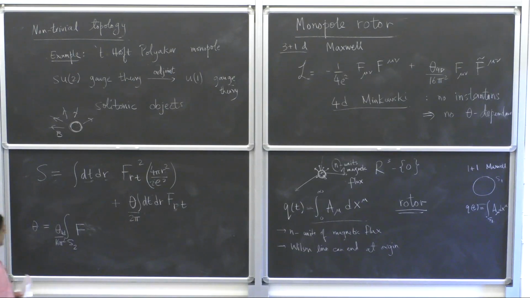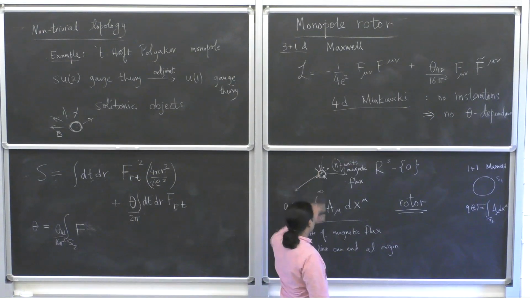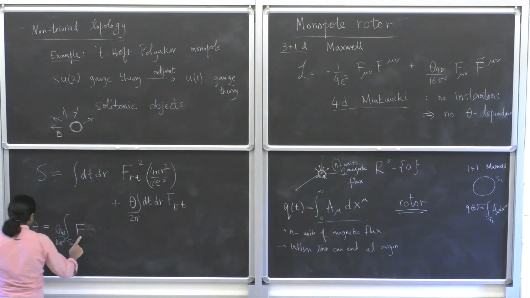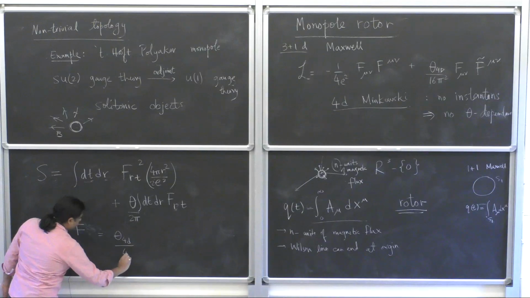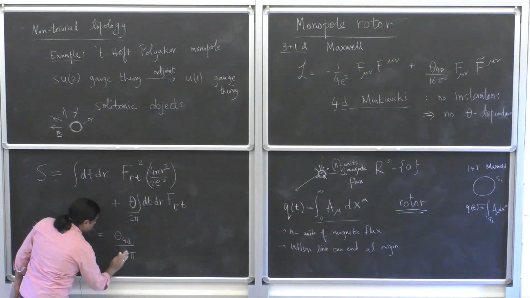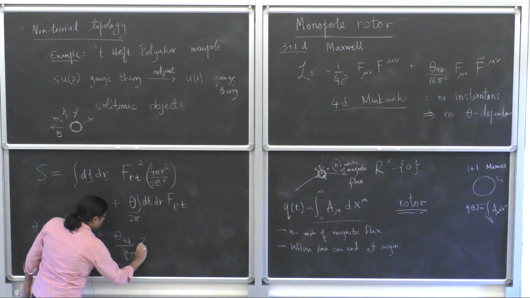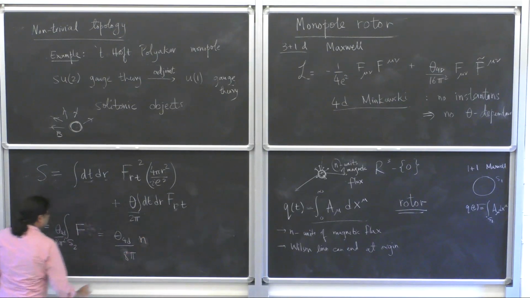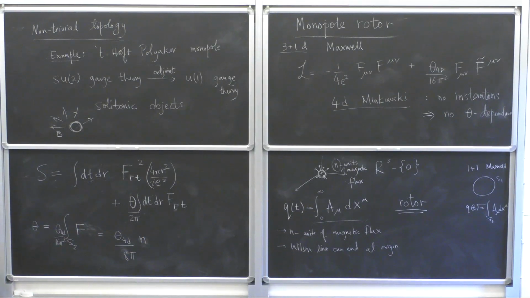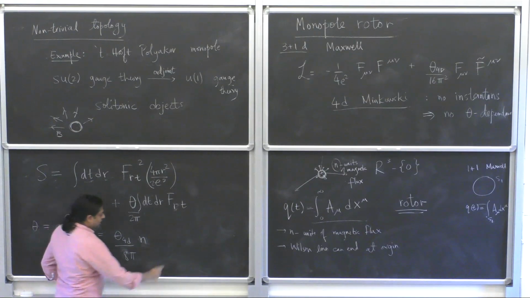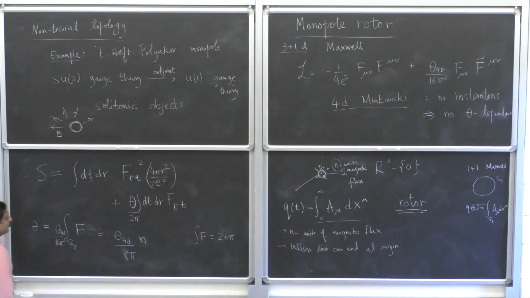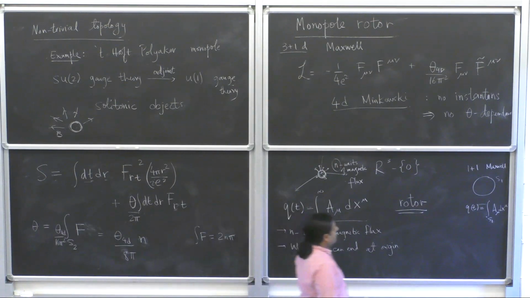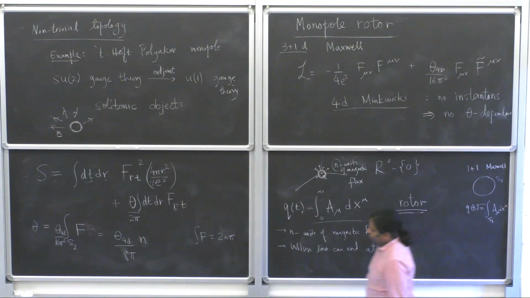If we have a boundary condition that we have n units of flux through any of the S2s, then n units of flux through the surface means that the integral of F on the S2 is 2 pi n. So when we compactify on an S2, one of the factors of F F tilde gives us just an n.